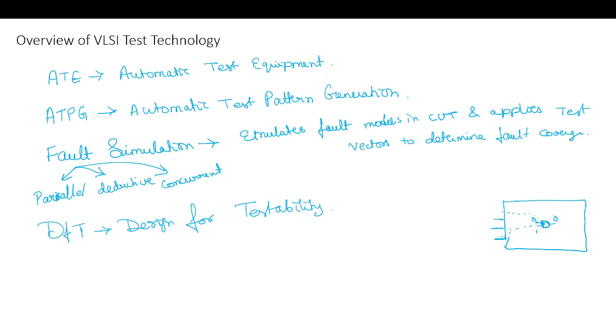If it is difficult to control this value to 0, we add certain circuitry in the design to make this value 0. That means I want to control that value to 0, and I want to observe a 0 here, say at this output. Such things we call observability and controllability.